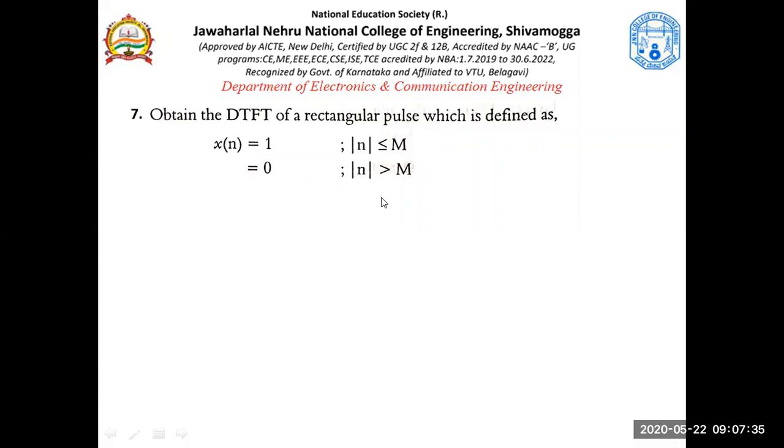You can read it that way. And beyond that, for n greater than m or for n less than minus m, it is 0. So you have to attach a plus sign, that means n less than or equal to plus m and n greater than or equal to minus m. Yeah.